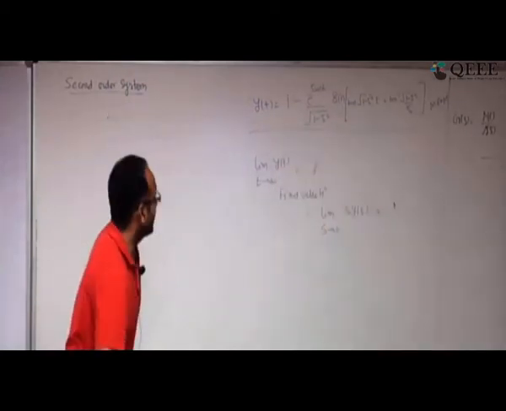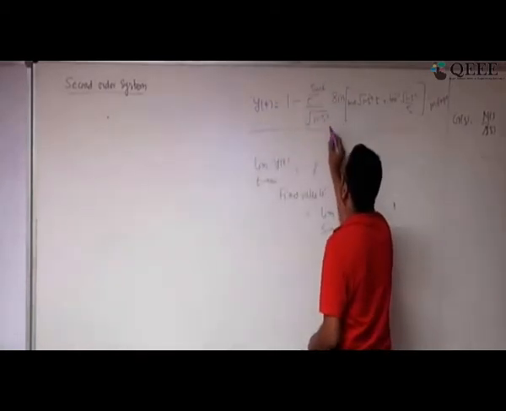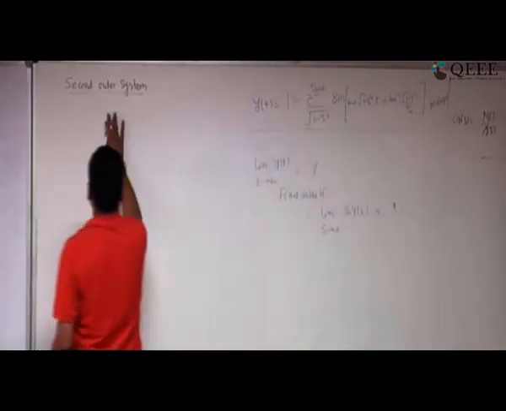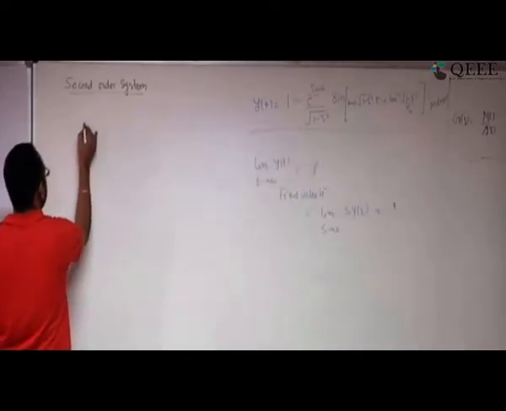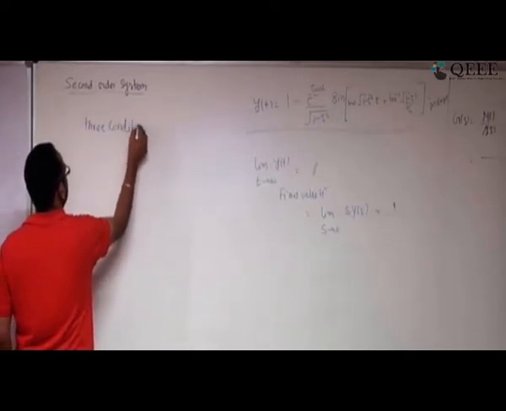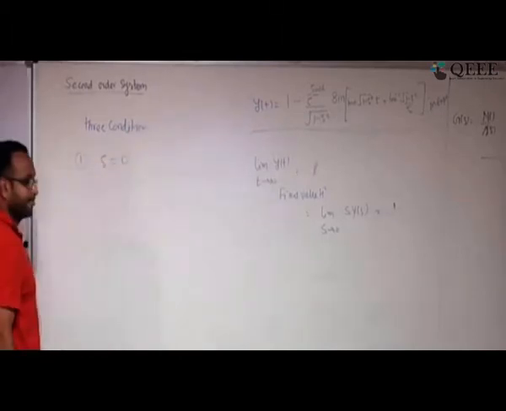So here, as I mentioned, the terms involved are zeta, omega_n and all these things. So when we analyze it, we consider 3 conditions. First, when zeta equal to 0.